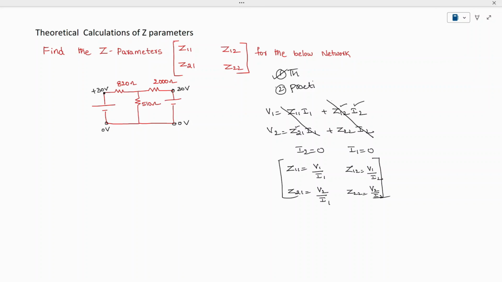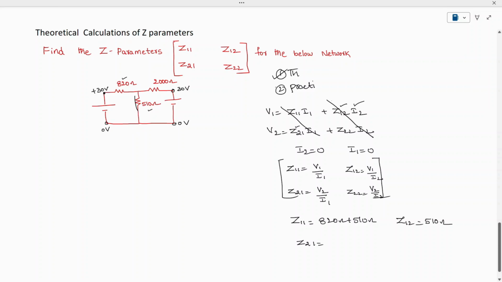Okay, so let's try to see here. Generally we can do it directly in one step, so let us validate it later. Without solving, I can say Z11 is nothing but the sum of the series branch and shunt branch, so this will be 820 ohms plus 510 ohms. Z12 is equal to the shunt branch, which is 510 ohms.